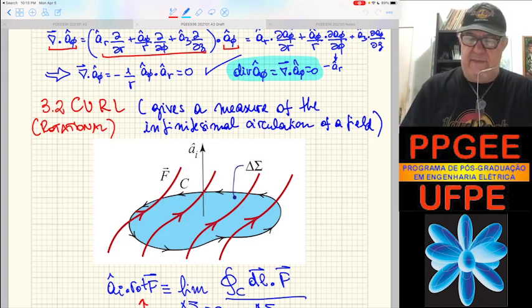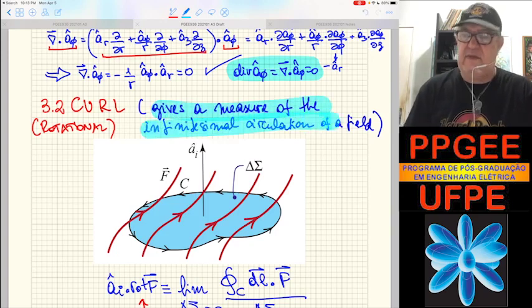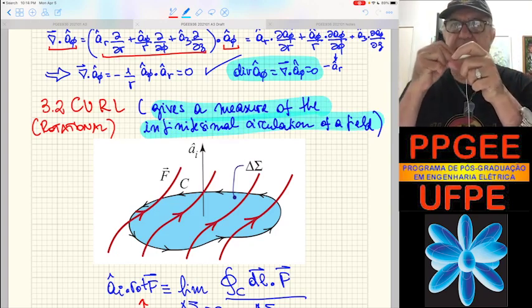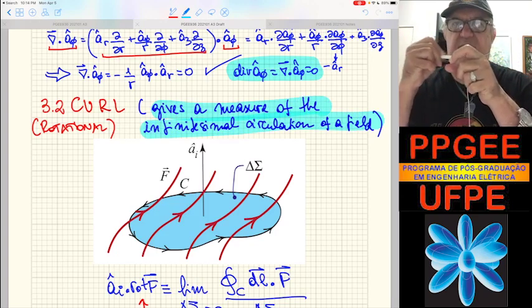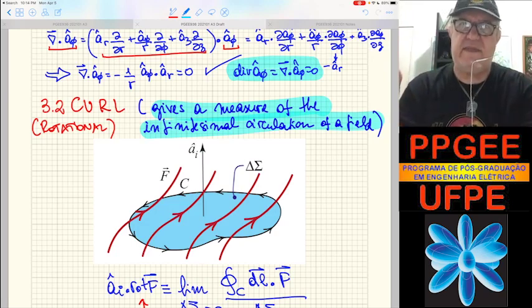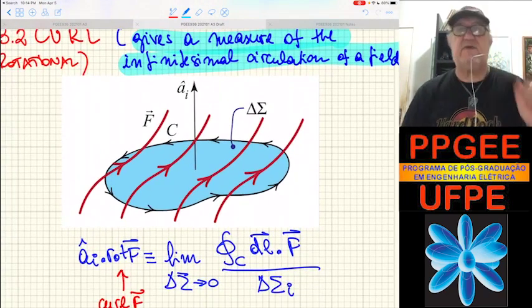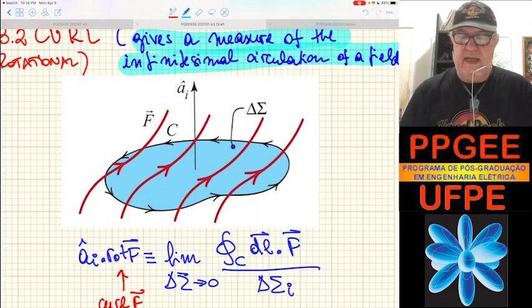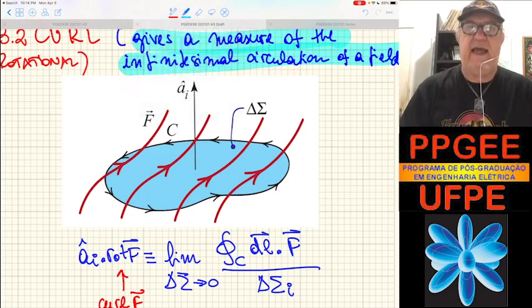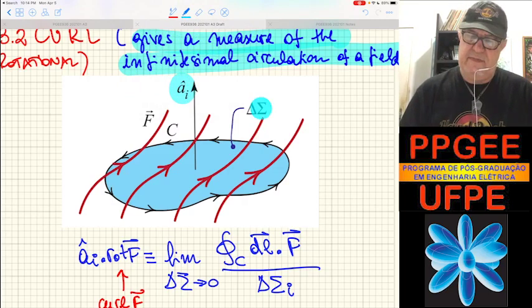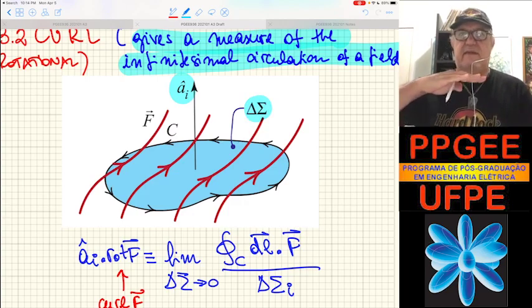So the curl gives a measure of the infinitesimal circulation of a field. One way of determining it is you go to a point, calculate the microcirculation of the field around that point, and see if there's a net result which is non-zero. Okay? So that's the first construction we have to determine the curl. If you want to determine the curl along the AI direction, you align the integration surface orthogonal to that direction.